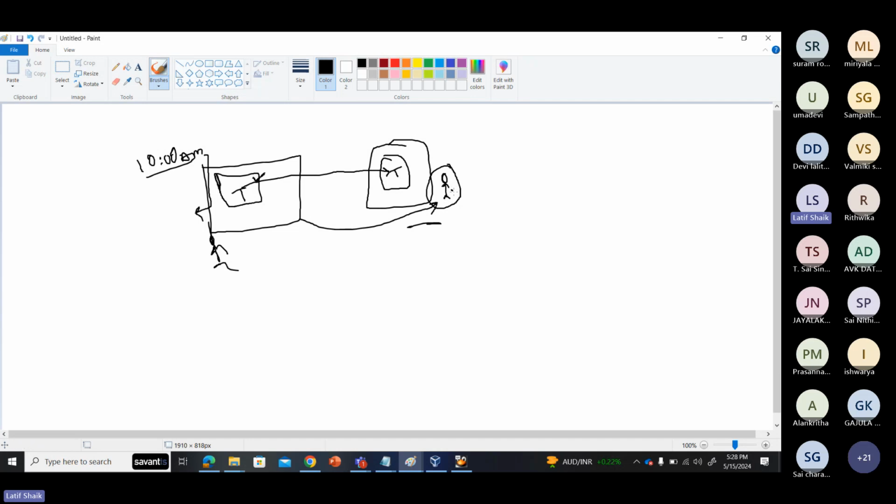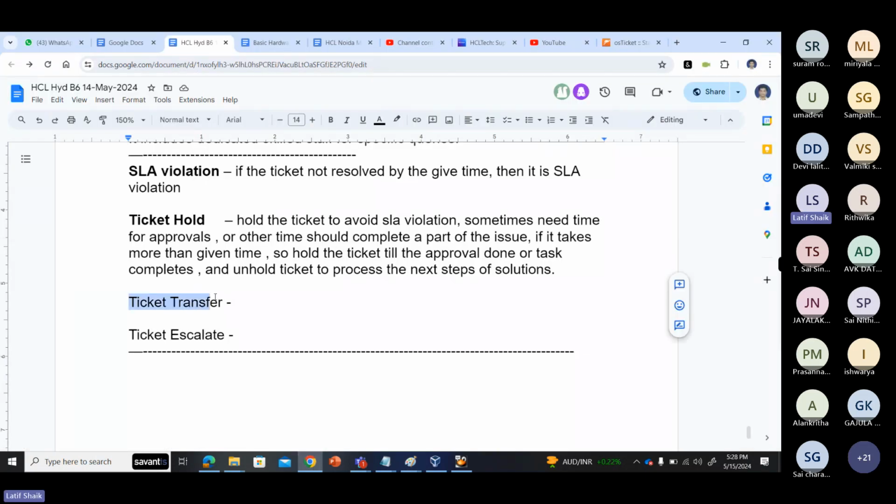Make sure that the other person is available and has agreed to handle the ticket. That is ticket transfer. Guys, do you understand what is ticket transfer? Yes, sir. Okay.